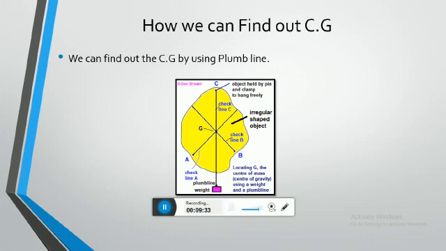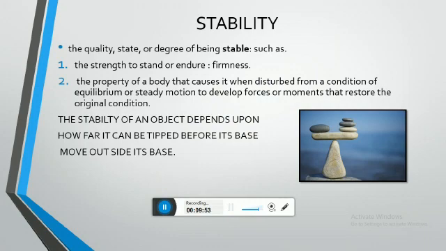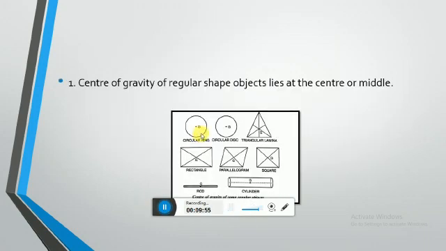In exactly the same way we can find out the center of gravity of a regular shape object. Let's move towards the previous slide, through which we can understand one of the regular shape objects. So let's consider this rectangle or a square.